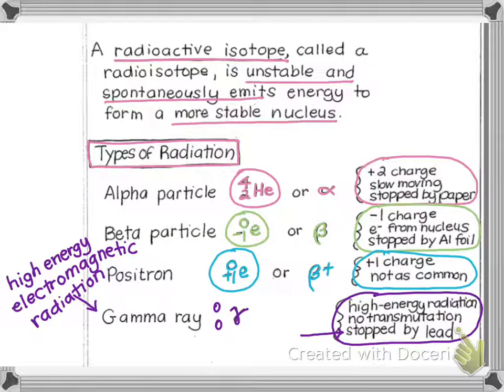Because it doesn't have a mass number or an atomic number, there is no transmutation. Or in other words, if only a gamma ray was emitted, then there would be no new nucleus formed. Sometimes the gamma ray is emitted in conjunction or along with one of the other particles.